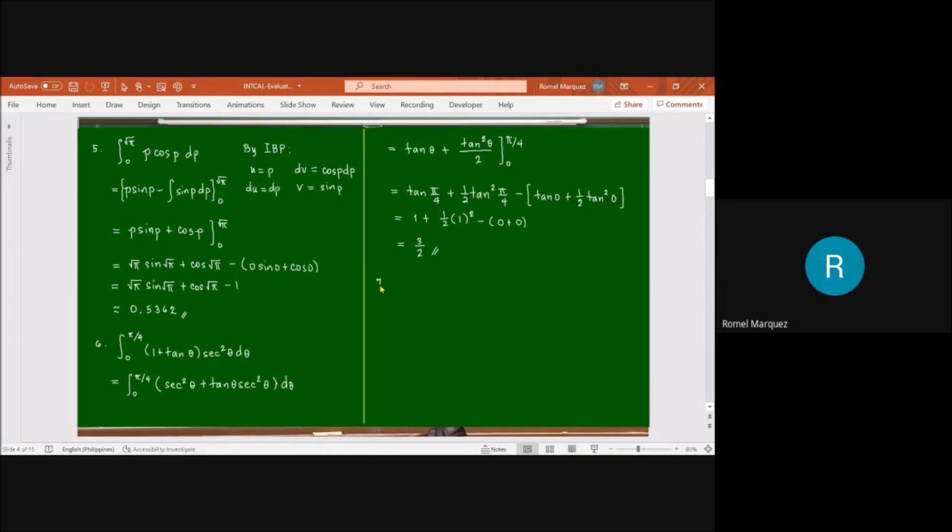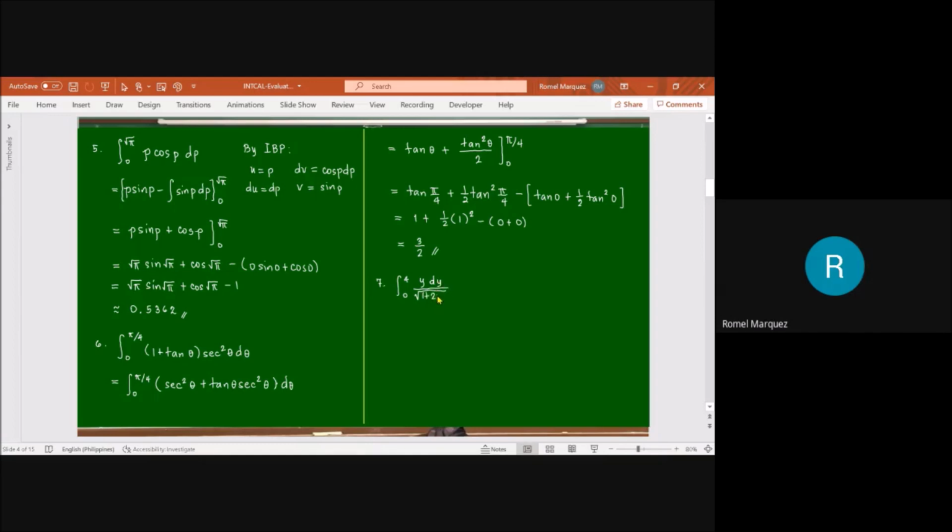Number 7. We have integral from 0 to 4 of y dy over square root of 1 plus 2y.